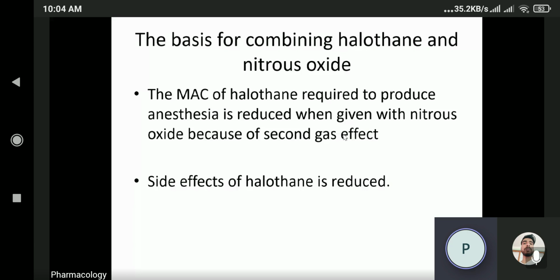In that way, the side effects that are there when they are used will be reduced.